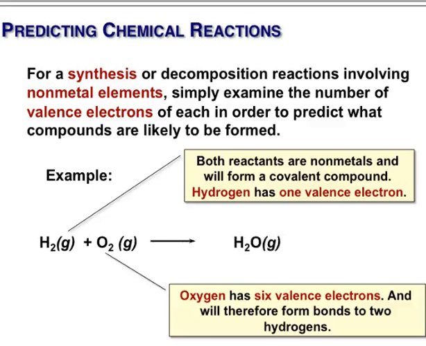Again, we're not balanced. One oxygen, 2 oxygens. We need a 2 right here. That's 4 hydrogens. We only have 2. Need a 2 out there. So 2 types of synthesis reactions.